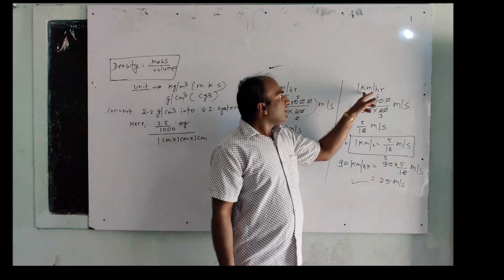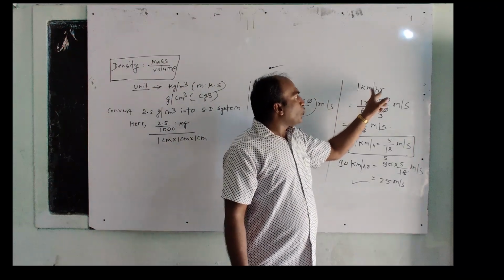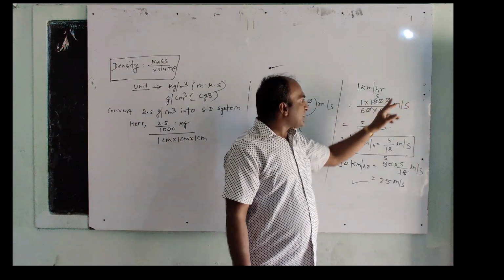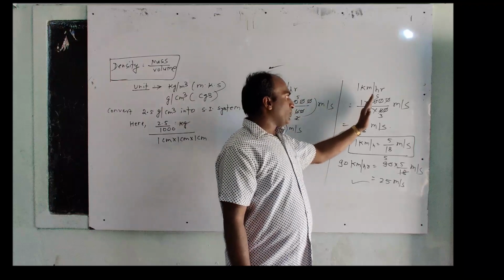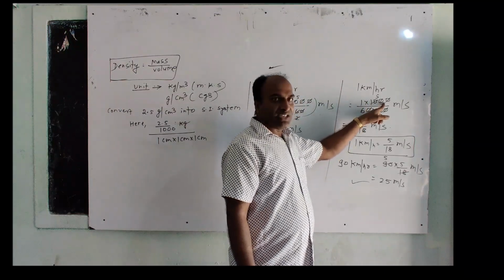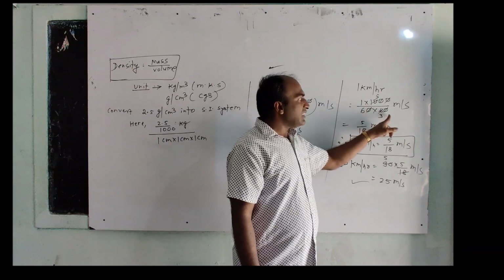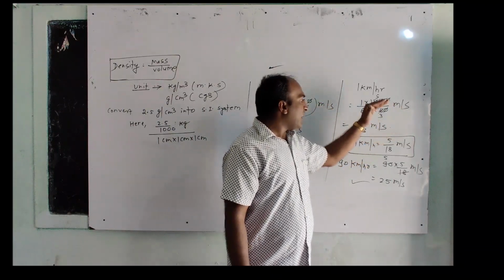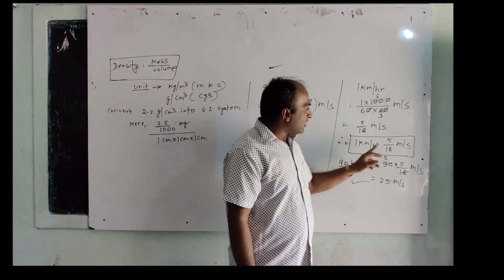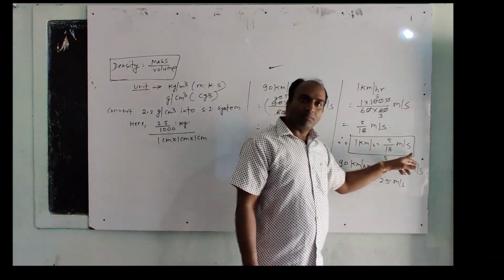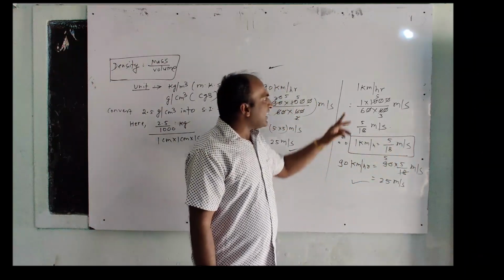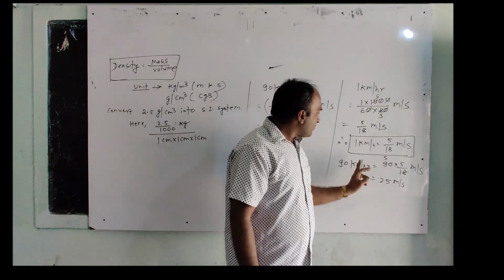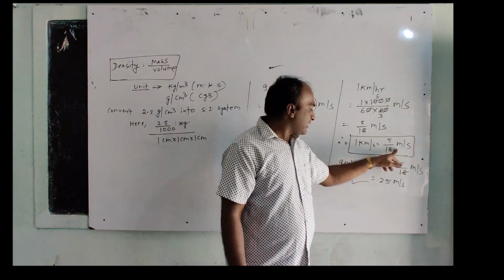In the same way, if we convert 1 kilometer per hour into meter per second, the same process is followed: 1 into 1000 by 60 into 60. On solving, it comes to 5 by 18 meter per second. So we can say that 1 kilometer per hour equals 5 by 18 meter per second.